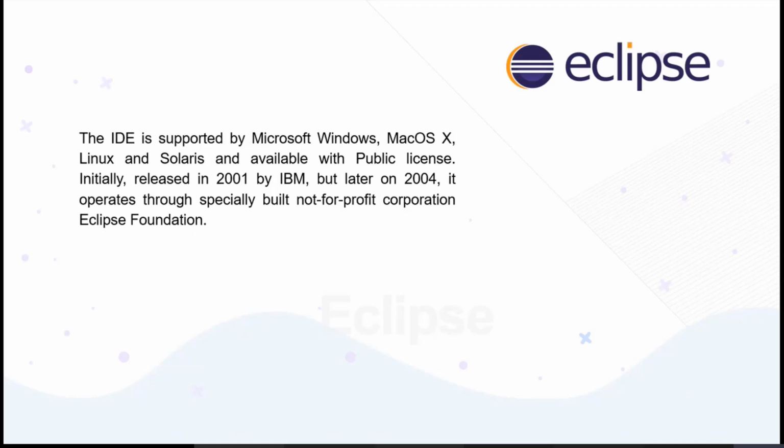The IDE is supported on Microsoft Windows, Mac, Linux, and Solaris, and is available under a public license. Initially it was released in 2001 by IBM and later, in 2004, it operates through a specially built not-for-profit corporation, the Eclipse Foundation.